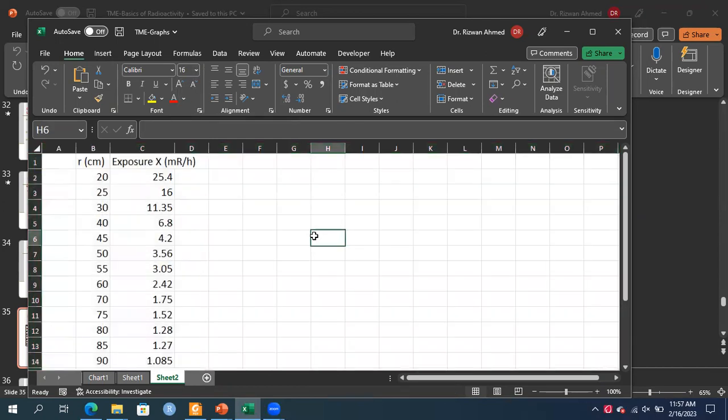Okay, it's barely visible. Now the first attempt is to plot the data.